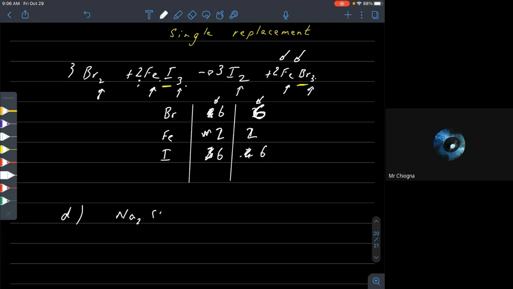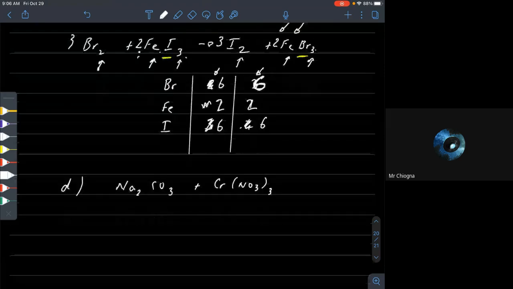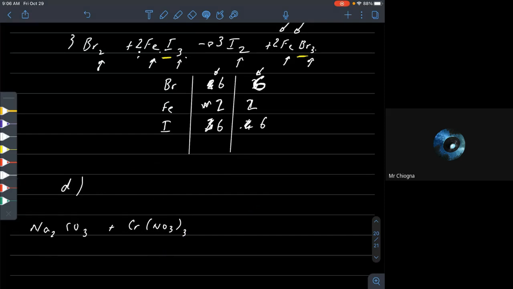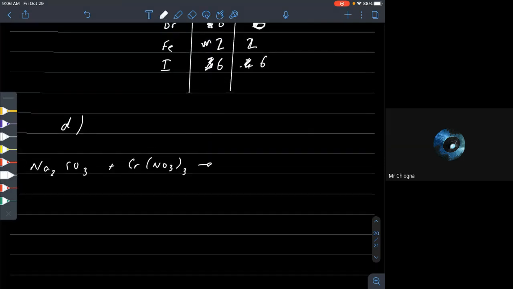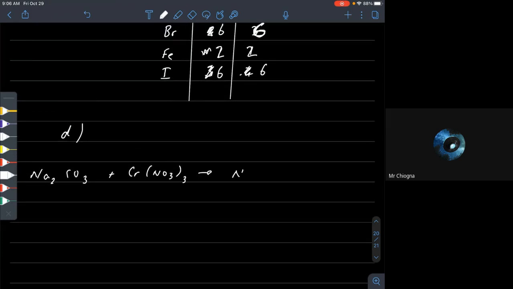Na2CO3... Okay, so what stands out for me in this equation is the carbonate and the nitrate.